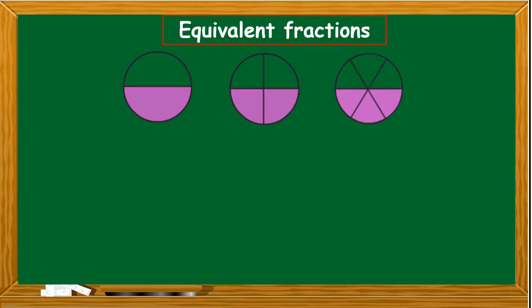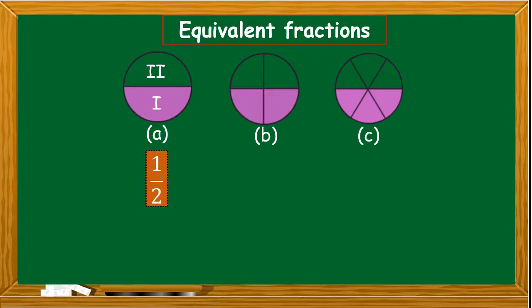For example, circle A has been divided into 2 equal parts. Out of 2 equal parts, one part is shaded. Therefore, the fraction for the shaded region of circle A is 1 upon 2.